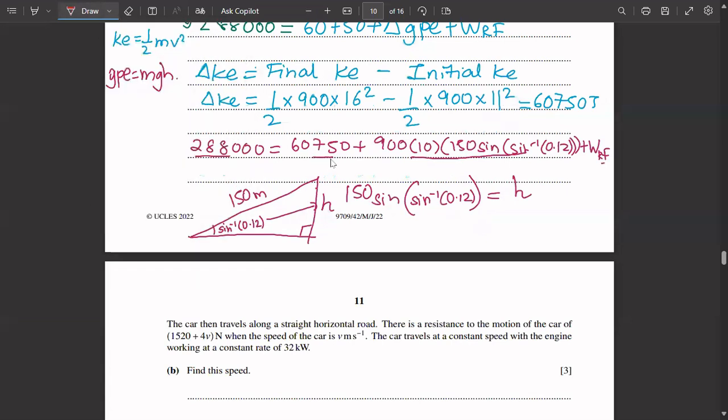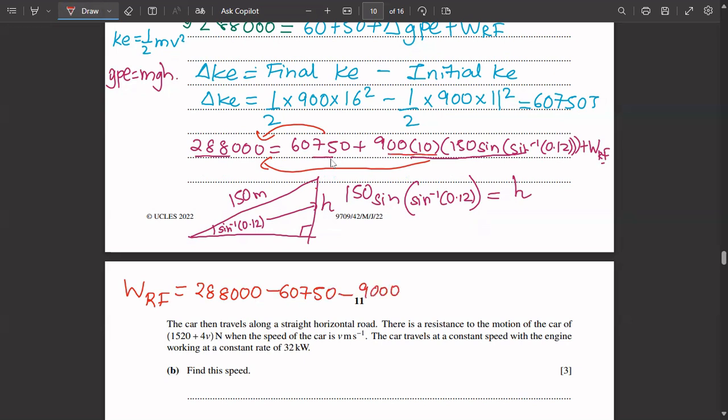So we are up on our last step. So work done against resistive forces will be, I'll transfer this here, which will give me 288,000 minus 60750 minus 9,000.